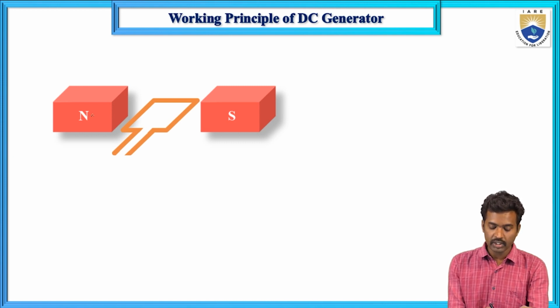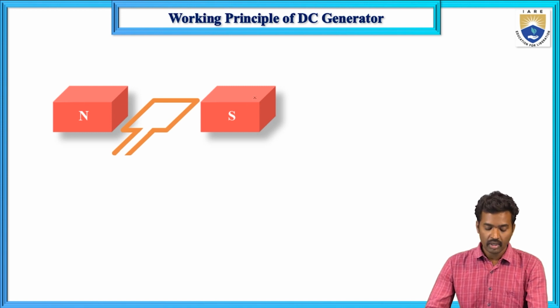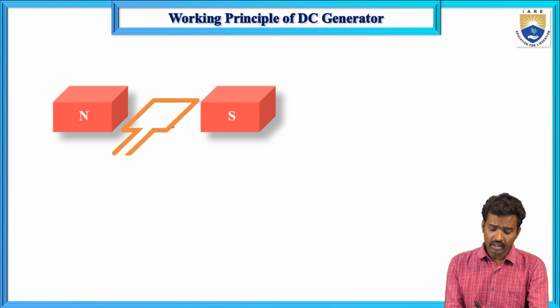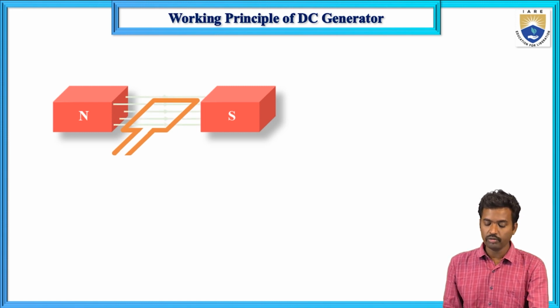The north pole is placed at the left side and the south pole at the right side, with the conductor between them. Flux lines always flow from the north pole to the south pole.